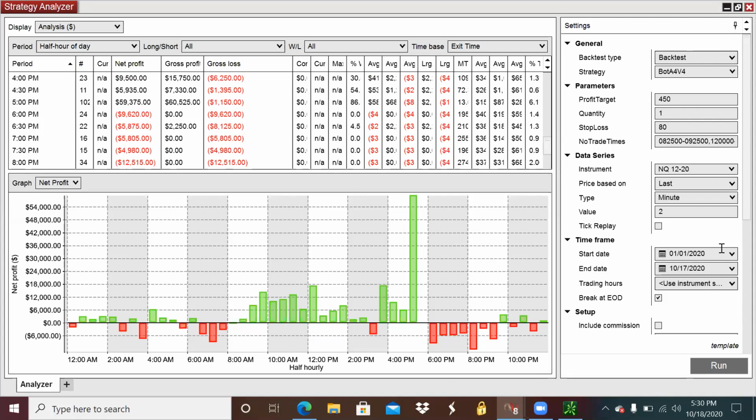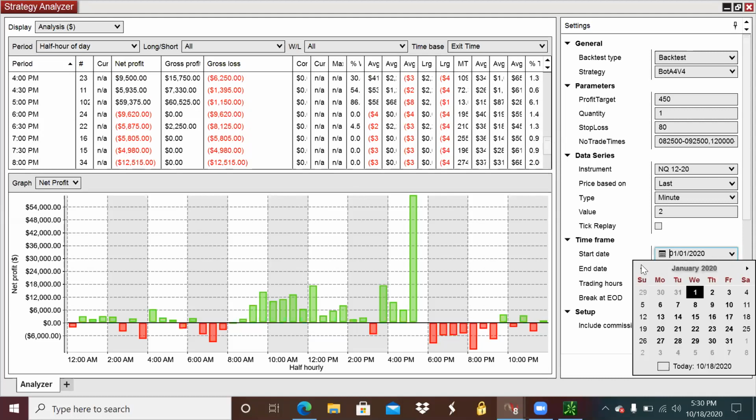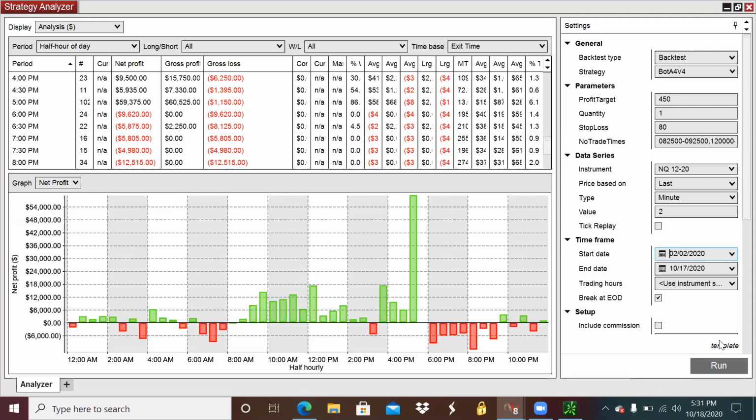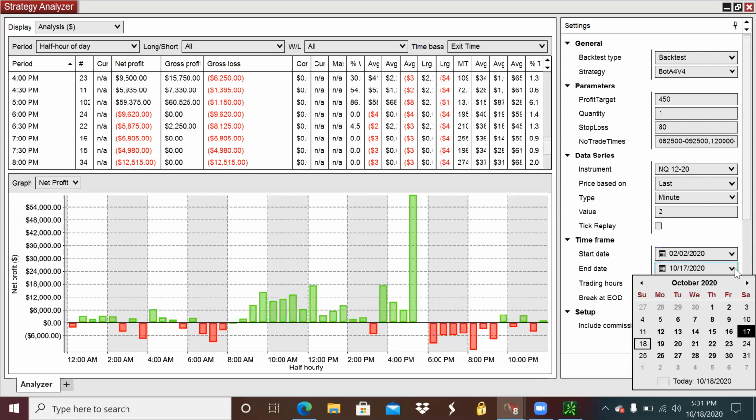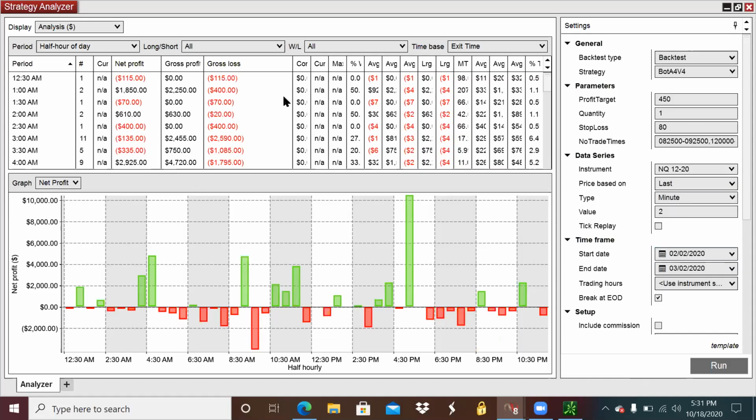Even if you change this around, you know, January to, I don't know, let's go back in time, September. No, sorry, hold on. So we're going to do February to... So how you make this consistent is that you need to do a month-to-month basis to see if they are really making money or not.